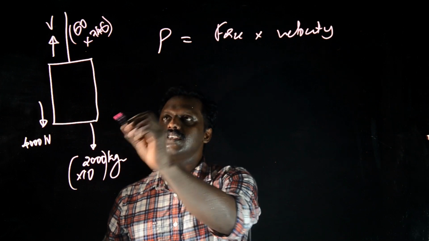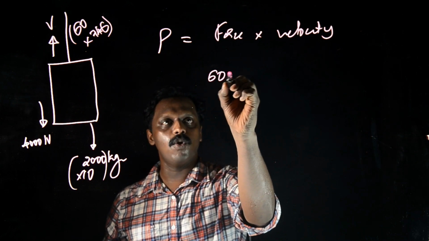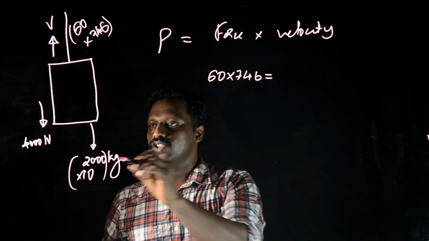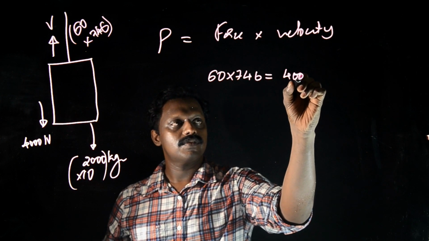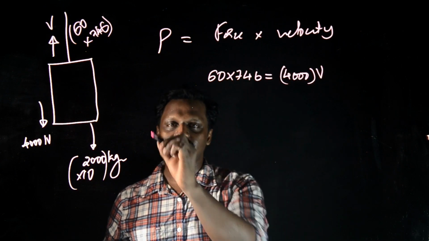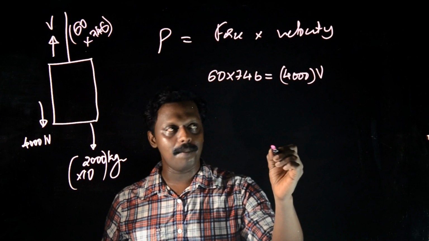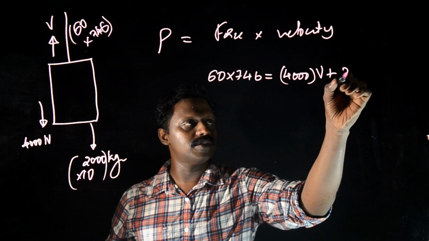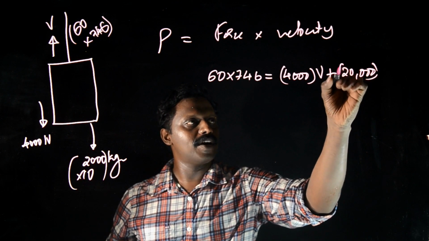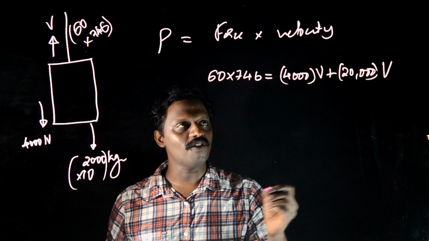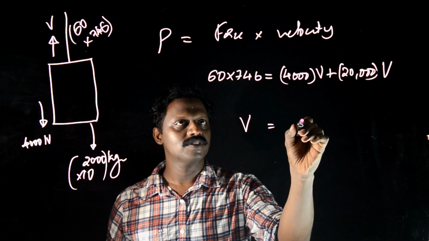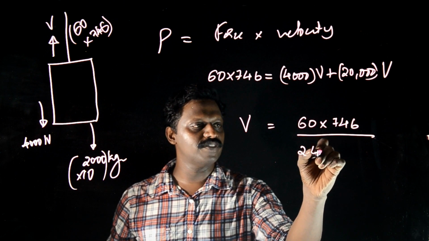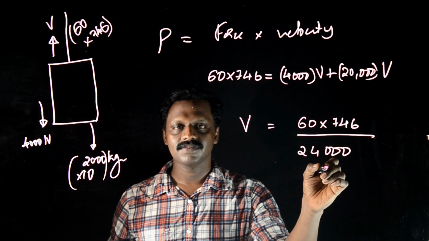Now the power is provided by the 60 HP motor, so 60 multiplied by 746 is equal to the force it has to oppose, the frictional force 4000 multiplied by V, plus the weight of 2000 kilogram, which is 20,000 Newton, multiplied by V. Solving, we have V equal to 60 multiplied by 746 divided by 24,000.